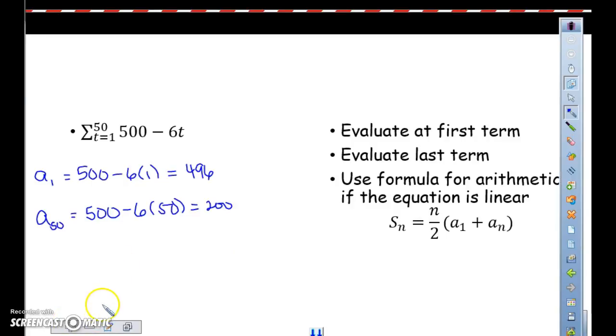So we get 200 for the last term. Now we're going to use our formula to figure out what the sum would be all the way through. We're going from 1 to 50, so it's going to give us 50 terms all together.